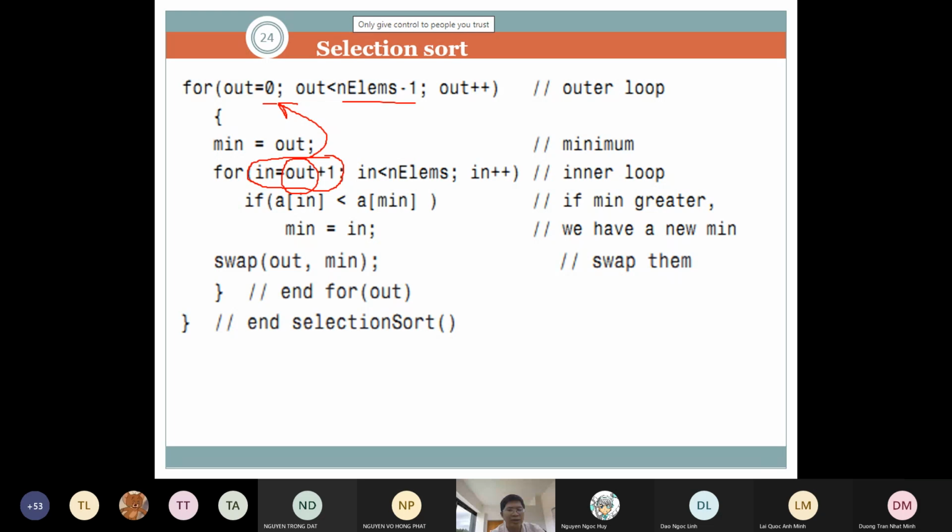It's very detailed, we call it subtlety. But I will say we must do it. Let's say you say that it's not necessary, meaning if I start from 0, it's still possible, no? You mean that I start from out plus 1 just to make it better? But what I say is that if we start from 0, the algorithm is not correct anymore. Do you agree on that? What's wrong with that?